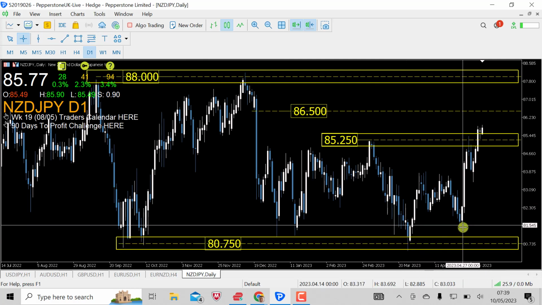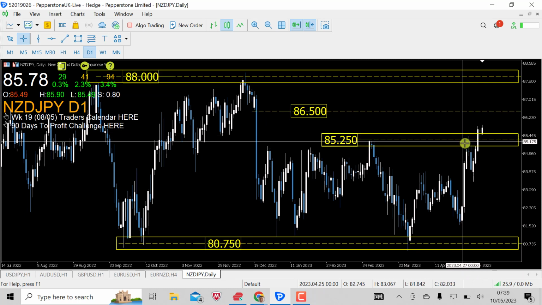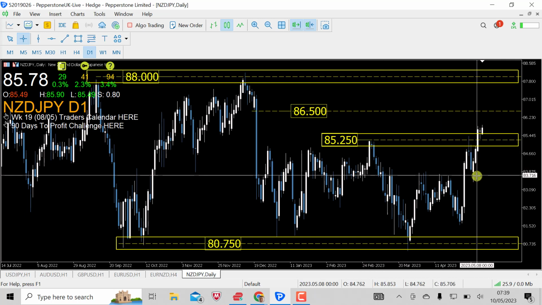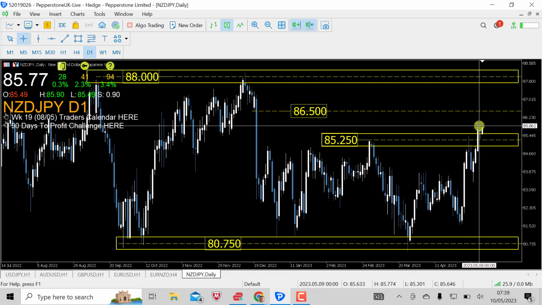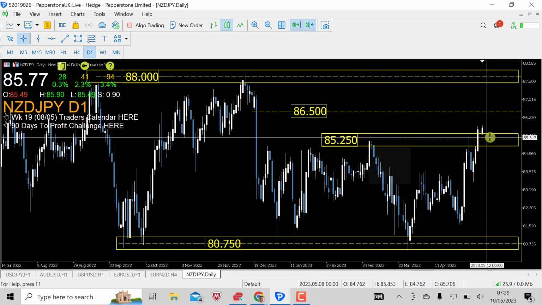Prices then continued to press higher. We found resistance up at these highs, which formed back at the start of March at 85.25. We rejected them, came into the previous structure highs at 83.50 before then rallying through that 85.25 resistance.